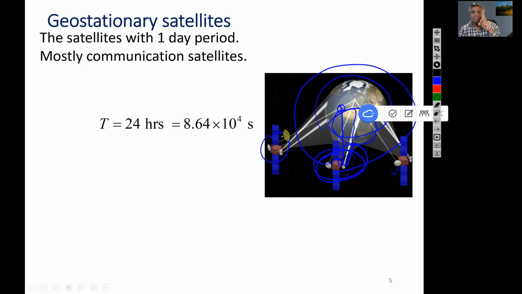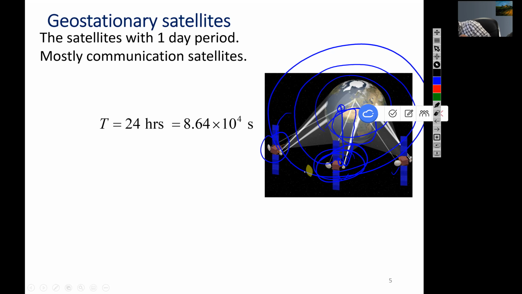So you want your satellite to stay right on top of your sky, right there, okay? So how do you do that? You match the rotation rate of the satellite with the spin rate of the Earth. And 24 hours is the spin rate, okay?